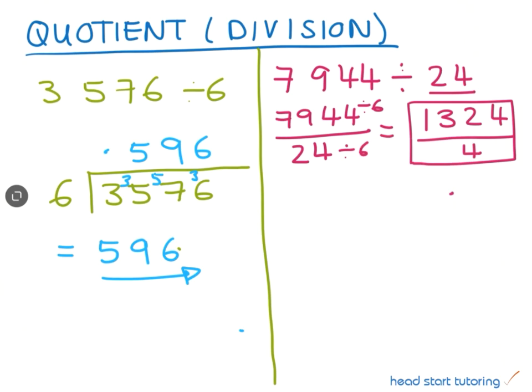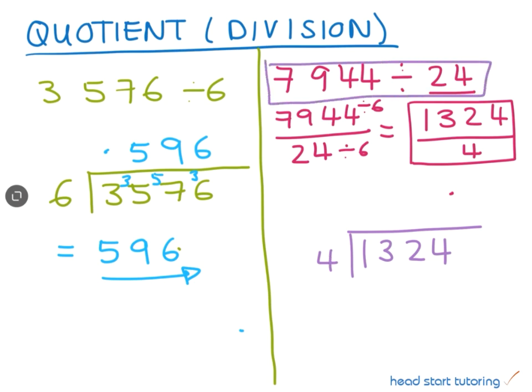So if we now put our 1324 inside our house and our 4 outside the house, it would be much easier than using these numbers here. And we will definitely get exactly the same answer because these fractions are equivalent to each other. So all we've done is we've made the numbers much simpler to make our calculation much easier.